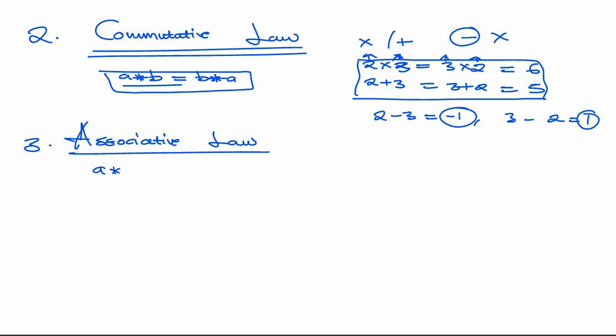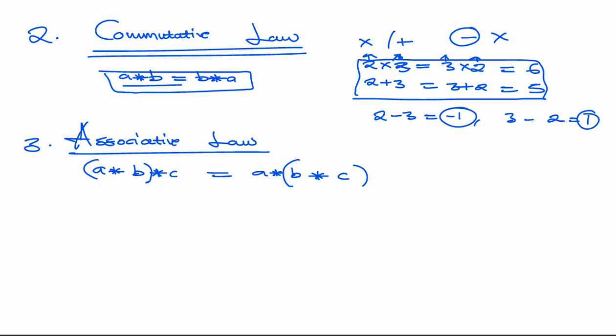It states that (A star B) star C is equal to A star (B star C). But what is going to differ in this case is the order of operations. In one case, we start with A star B, then star C, and in the other we start with B star C. That means to say the order of grouping doesn't matter. What does that actually mean?